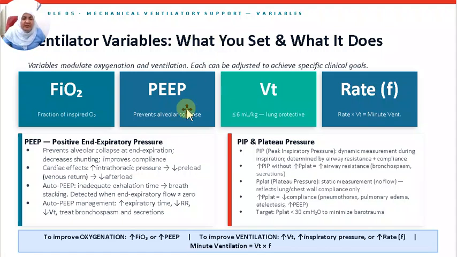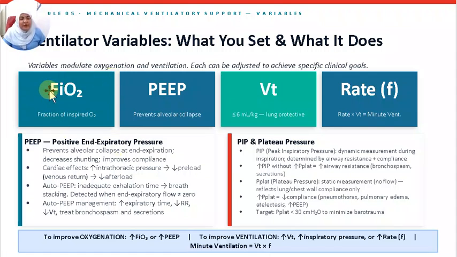So the four important variables are FiO2, or the fraction of inspired O2. FiO2 is like a drug, no? We have to titrate it as soon as we hook the patient on the ventilator, because 60% FiO2 for the first 24 hours already generates oxygen free radicals in the blood.